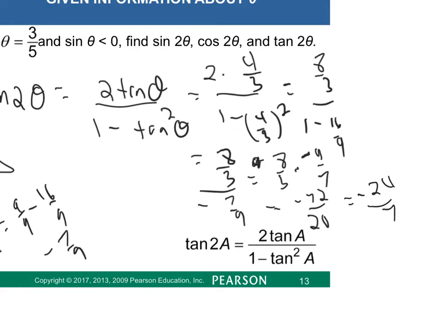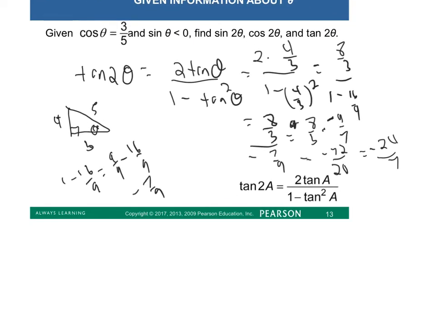24/7. Now, I liked what the gentleman did in the video. He didn't use this identity. He just remembered the other identity that tangent of something is always sine of something over cosine of something. We already had our answers on the previous page. Let's do it this way to see if I get the same answer.